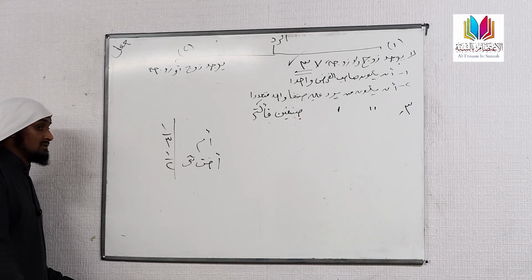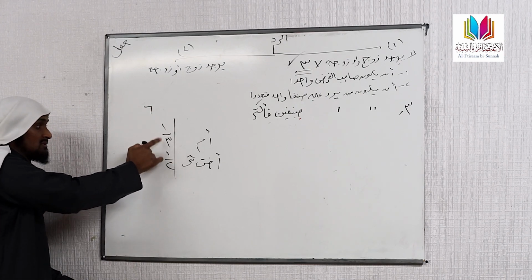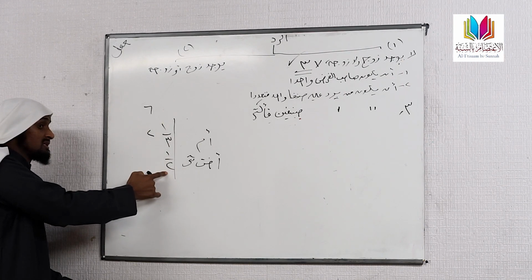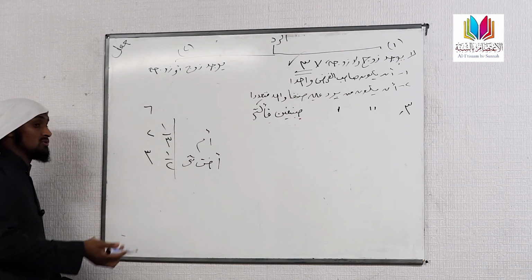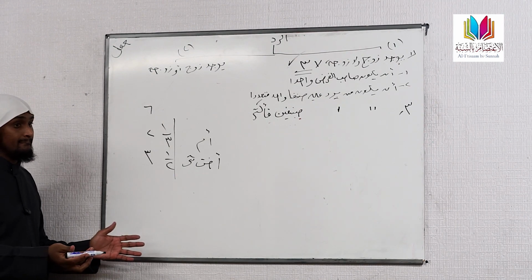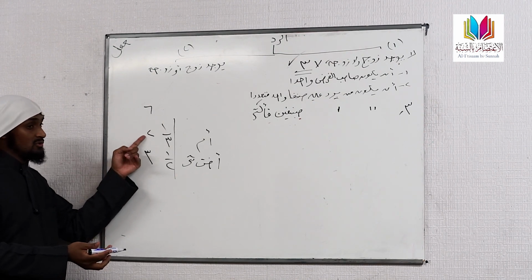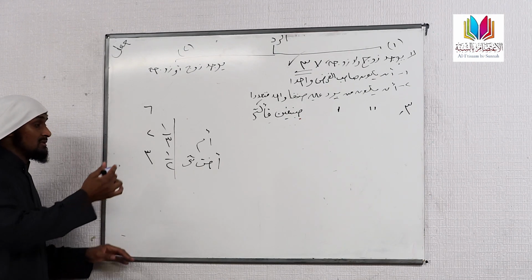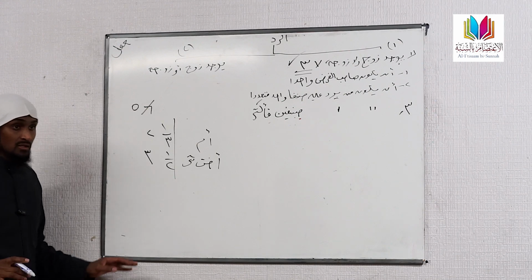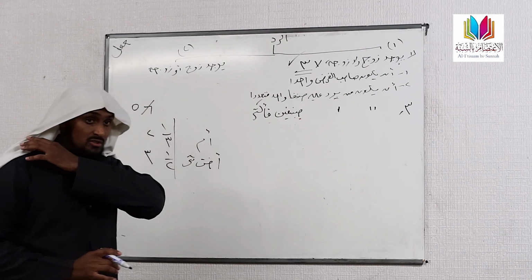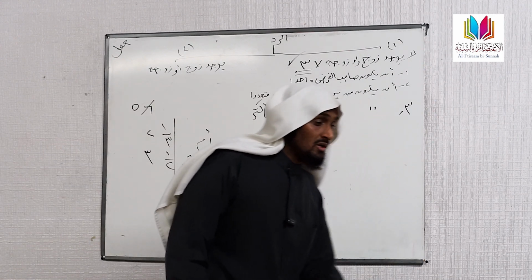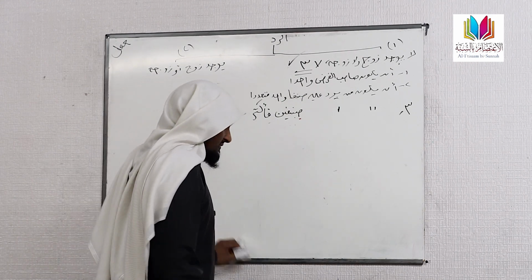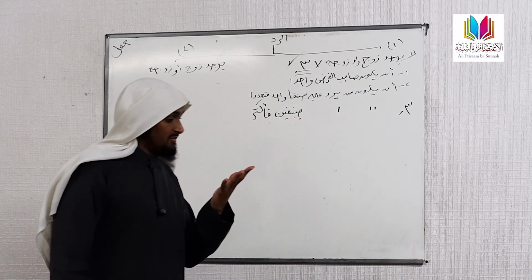Asl mas'ala, 6. 1/3 of 6, 2. Half of 6, 3. What should we do now? 3 plus 2, 5. So now we're going to split the wealth into 5. Is that understood? Khalas. So that is the first department.